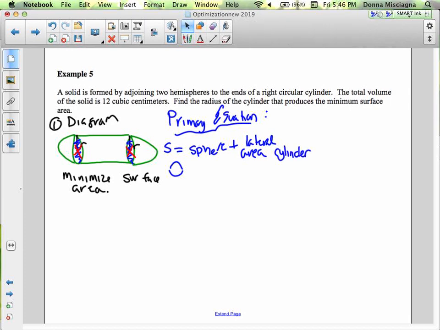My writing's taking up too much space. So surface area of a sphere, like I said, is 4 pi r squared. The lateral area: the surface area formula for a cylinder is 2 pi r squared plus 2 pi r h. So we're just going to need the 2 pi r h part.